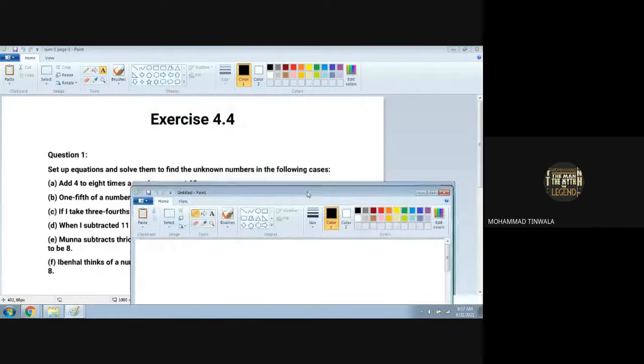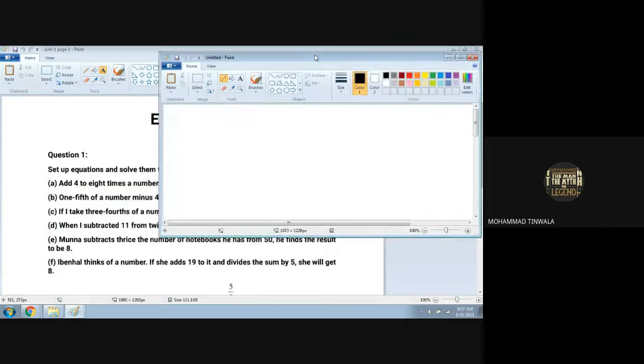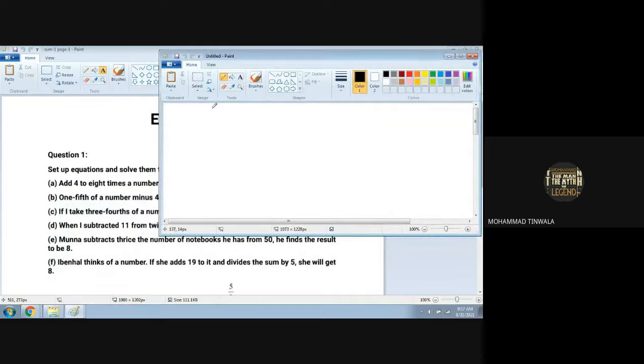First, please read. Add 4 to 8 times a number. 8 times a number means a number is unknown number. Yes, sir. So add 4. Let's suppose the unknown number be x. Add 4 to 8 times. That means 8 times a number means 8x plus 4 to be added.